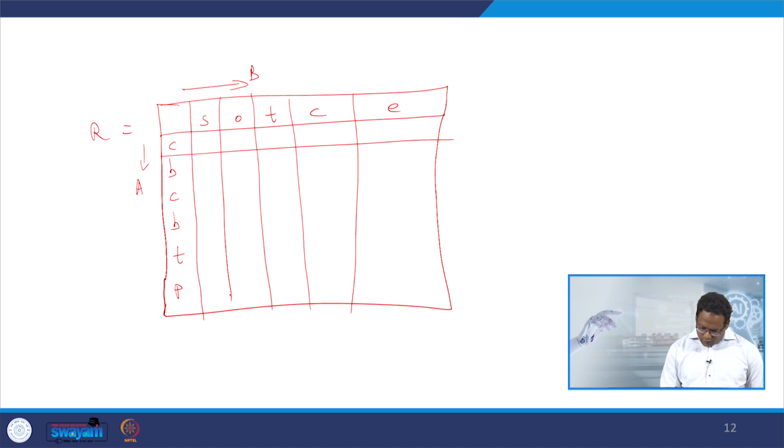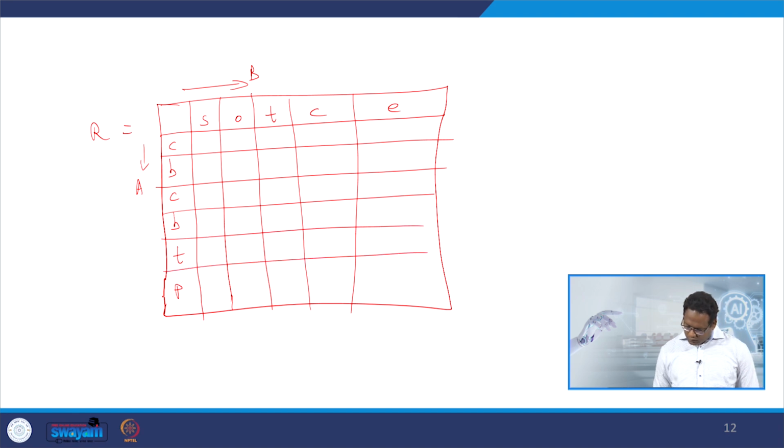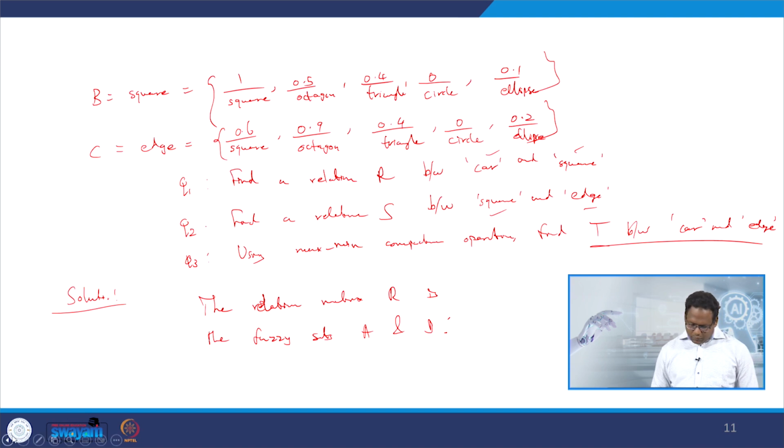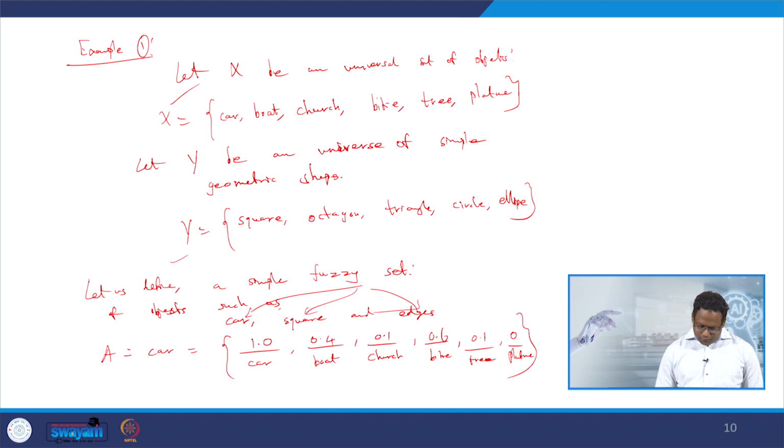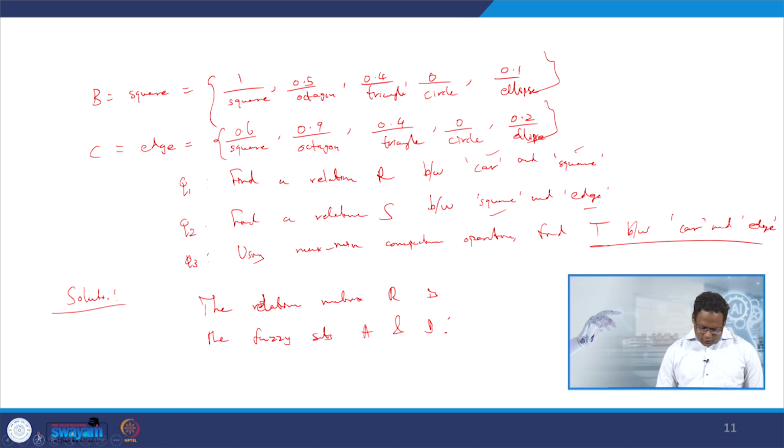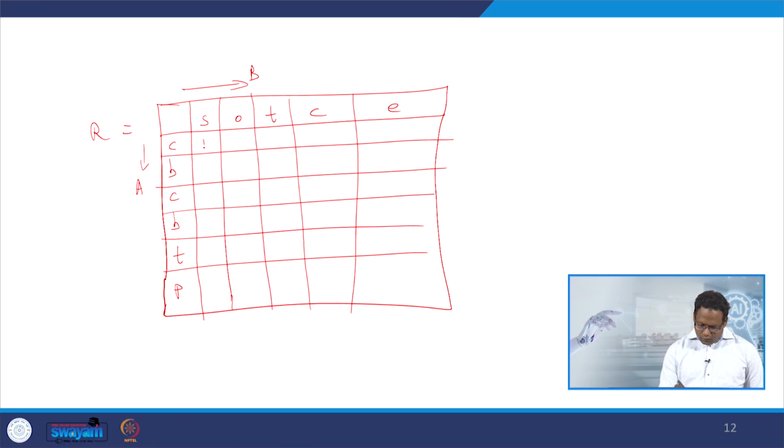Now, let us form this relation matrix R between sets A and B. Let us see what values the fuzzy set A was having, and accordingly see which one is the minimum. For 1 and 1 here, the minimum is 1.